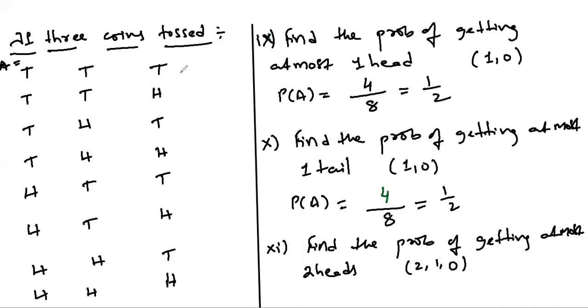So, 2 heads: 1, 2, 3, and next 1 head: 1, 2, 3, and next 0 head is this one. So P of A is equal to total 8, and you are getting 7. 7 out of 8.